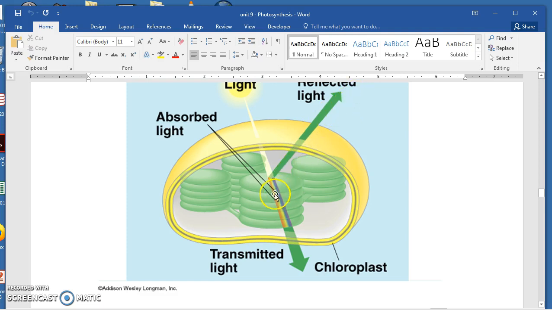The other wavelengths of light are absorbed, and if you were to study photosynthesis in greater depth, you would note that there are two specific wavelengths that are absorbed by different types of chlorophyll.